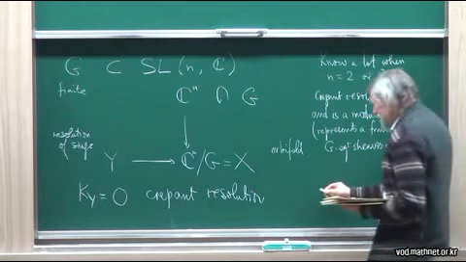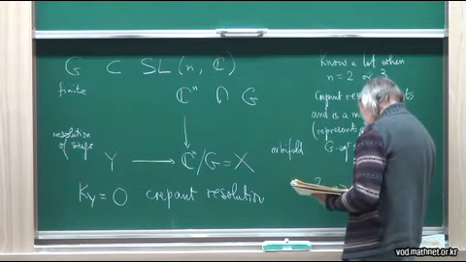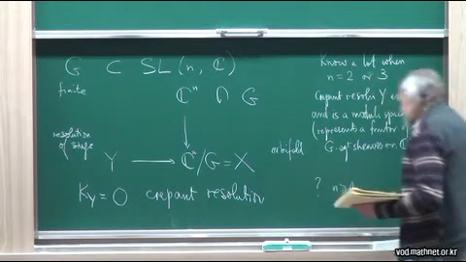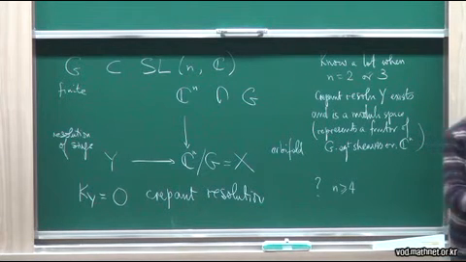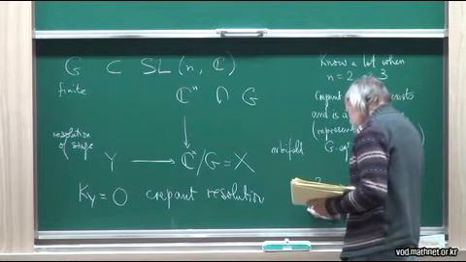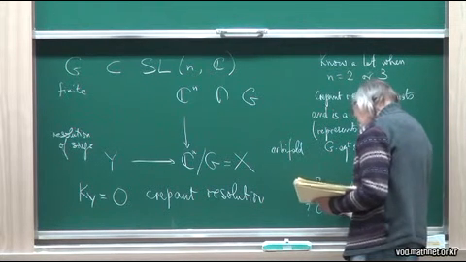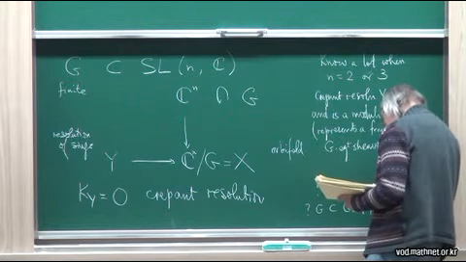The main point of the talk is what happens when n is greater than or equal to 4, and the answer is not much. Or what happens when G is in GL(n).